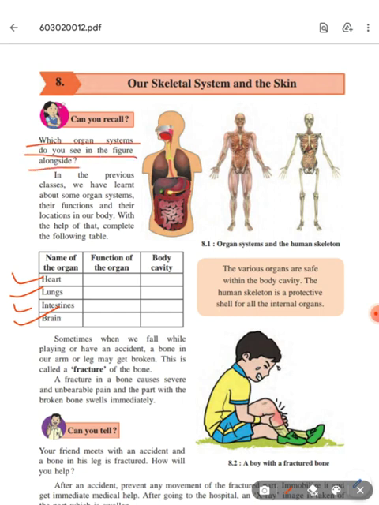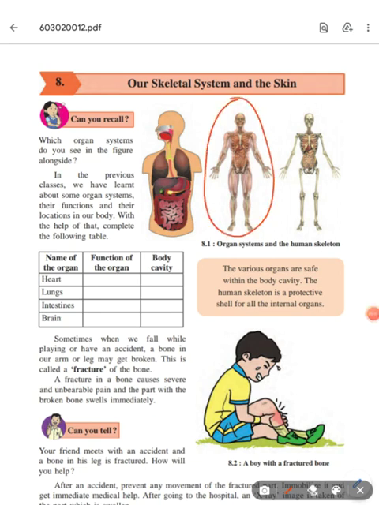Which organs do you see? Intestine, heart, lungs. These are the two lungs. Where is the heart? And body cavity, skeleton, our skeleton.